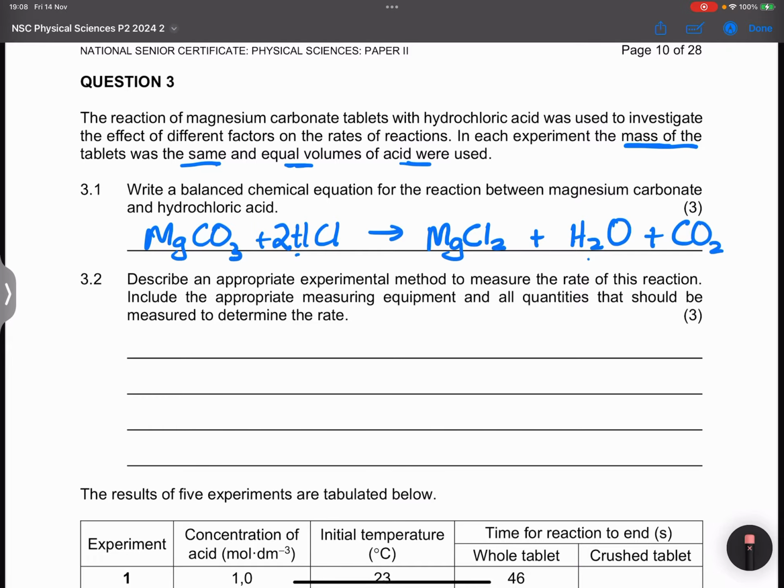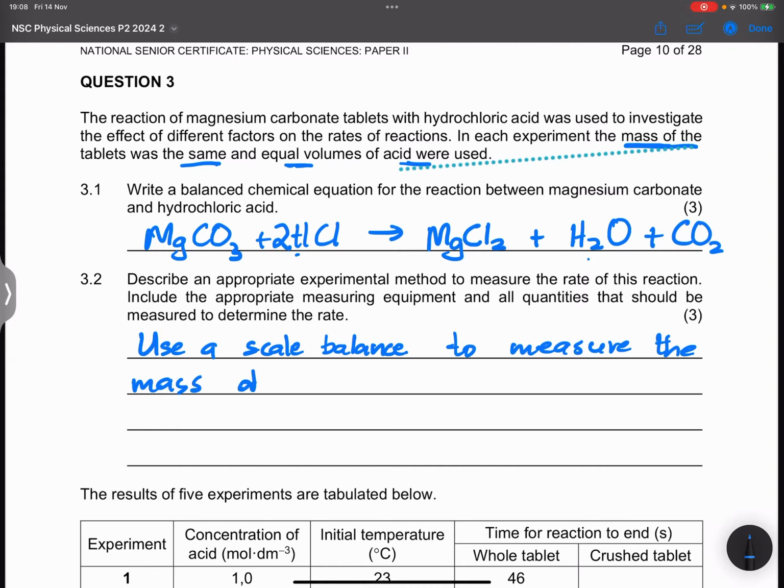Okay, so use a scale balance, all right, to measure the mass of the contents and container.